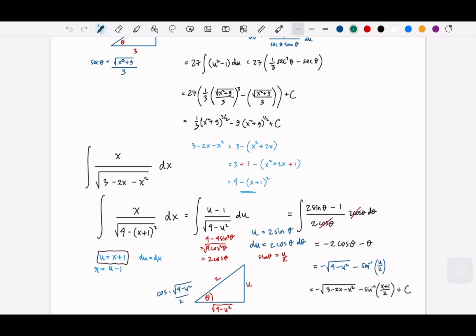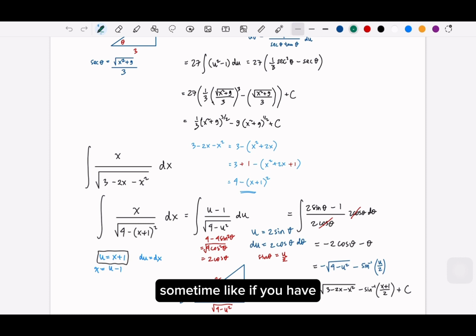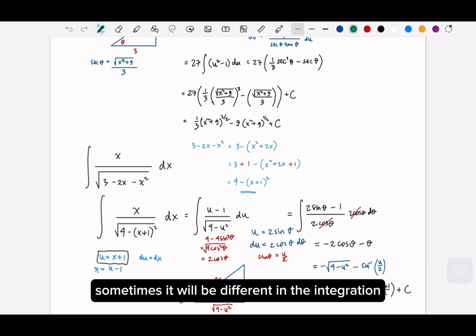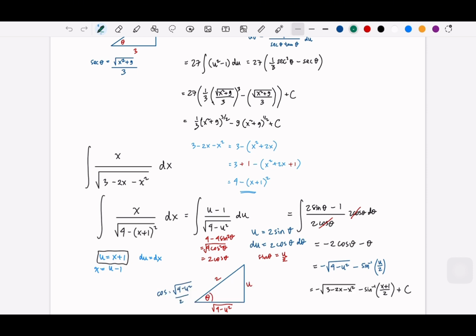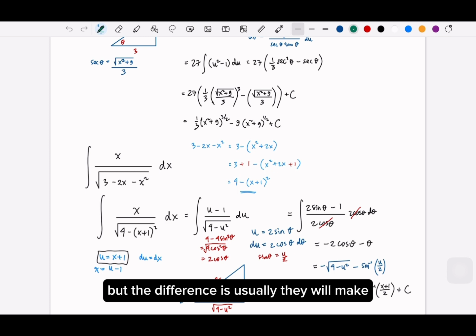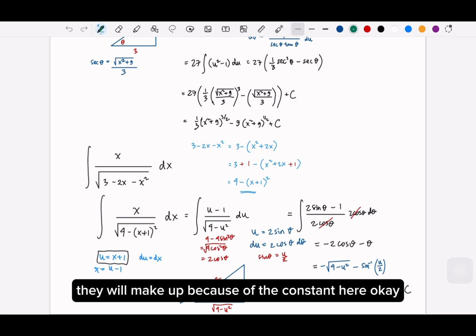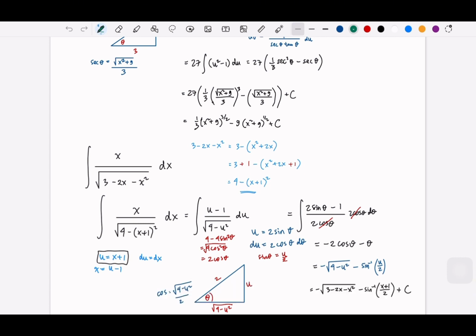Sometimes if you have choices between sine and cosine, the end result sometimes will be the same, sometimes it will be different in the integration. But the differences usually make up because of the constant here. So because of the constant, they may be the same.